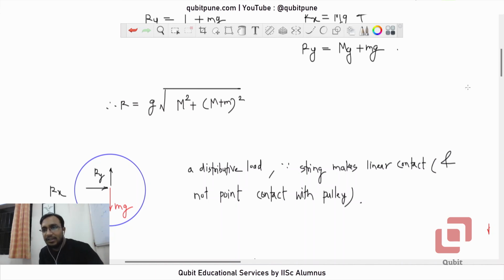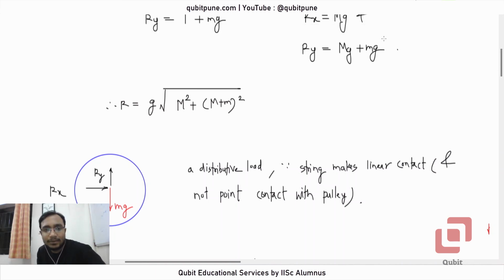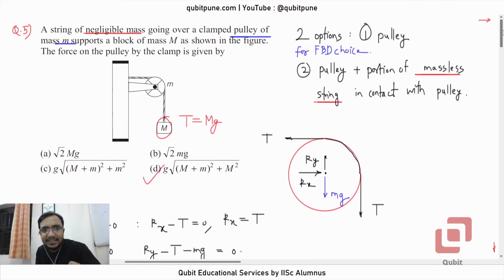Now that is actually something which may create some confusion in your head. If at every point here there is some force acting on the pulley by the string, how are we going to incorporate those forces in our calculations? If that is the question that stuck you, then the solution to that is, see, the string is in equilibrium. All of us know that.